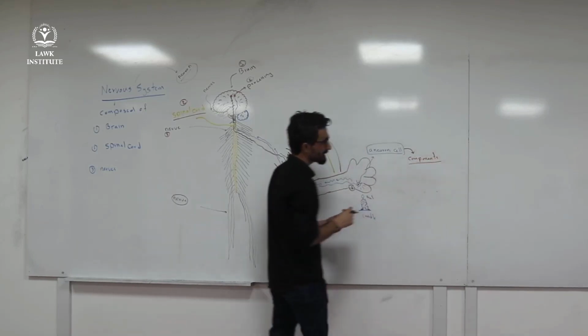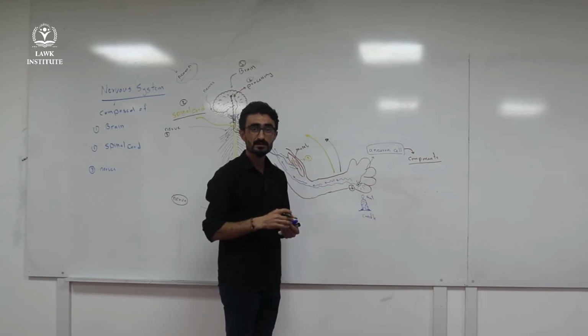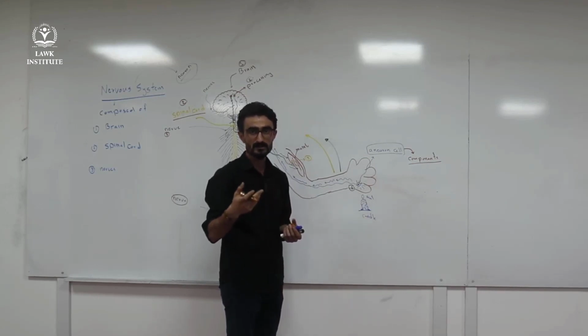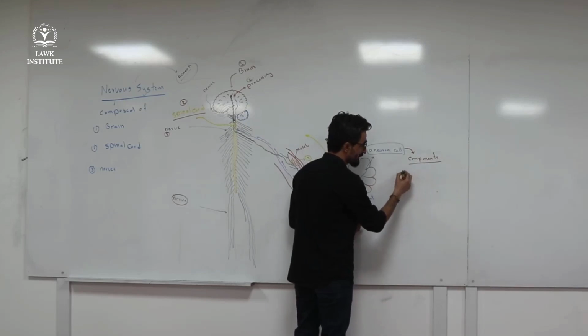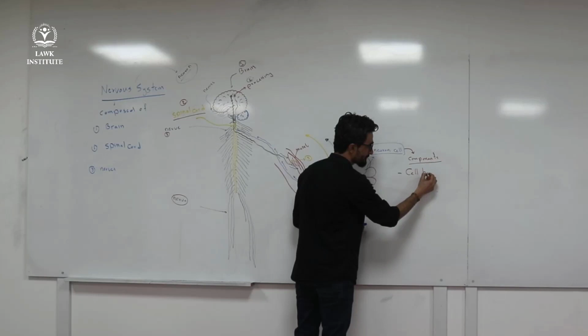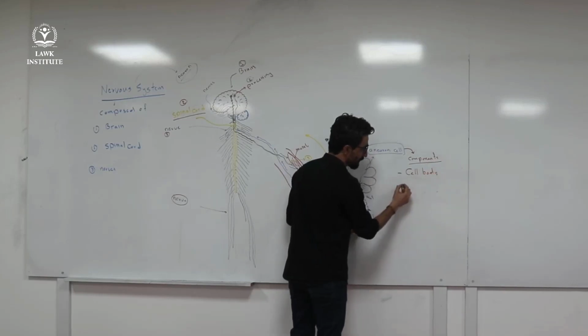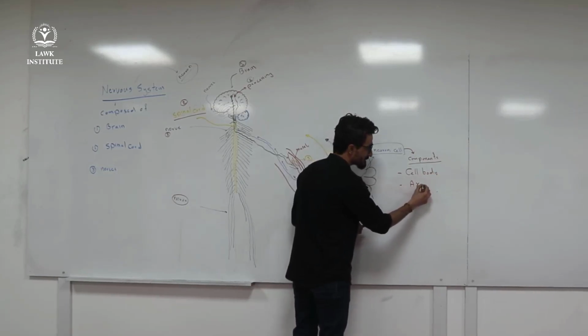A neuron cell has three main components plus some other assistants and branches. The main three components are, first, the cell body. Second, the longest extension from the cell body, which is called the axon.